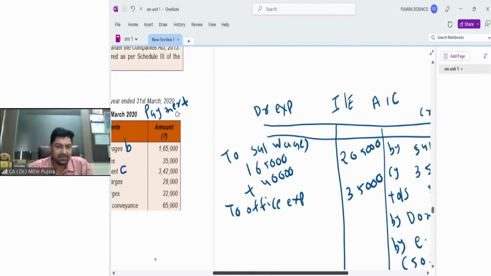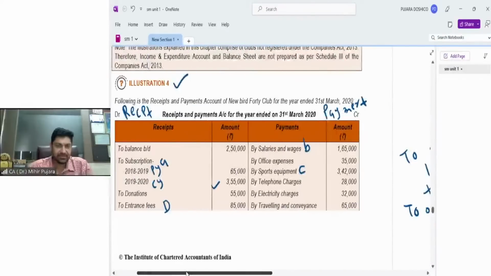Now, friend, you have purchased 3,42,000 sports equipment, right? It is part of balance sheet.